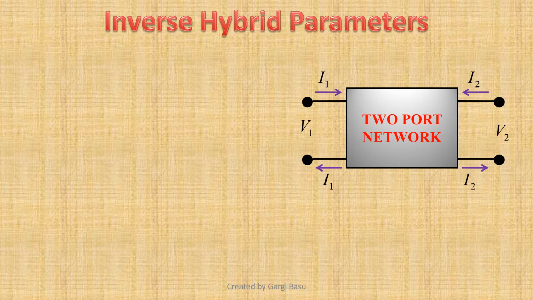Let us recall how we have used inverse hybrid parameters, or simply called G parameters, to describe a two-port network. While using G parameters, we consider input port current I1 and output port voltage V2 as dependent variables and input port voltage V1 and output port current I2 as independent variables.